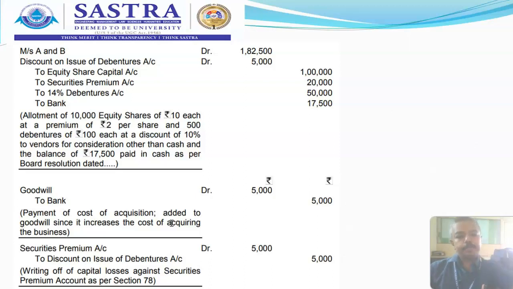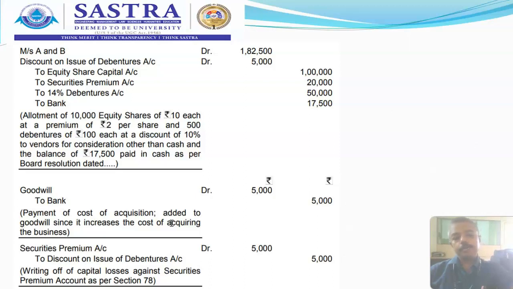So bank, bills receivable, sundry debtors, furniture and fittings, plant and machinery, land and building, and goodwill in order from the purchase consideration table. And then credit to bills payable rupees 16,000, to sundry creditors rupees 30,000.